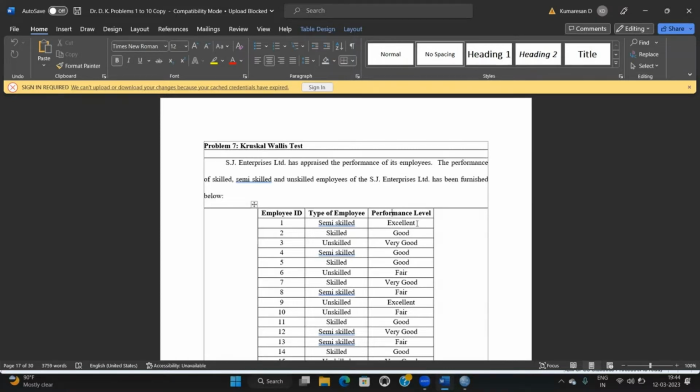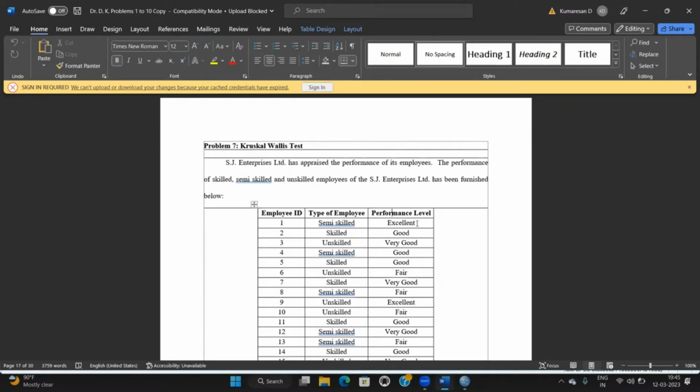Suppose you are assigning performance scores, then it is scale data. If performance grades are given, it is ordinal data. You can decide which test is to be applied for your study. If you are particular about applying Kruskal-Wallis test, then you can structure your questionnaire using grades, using ordinal data. That's all. This is about Kruskal-Wallis test.